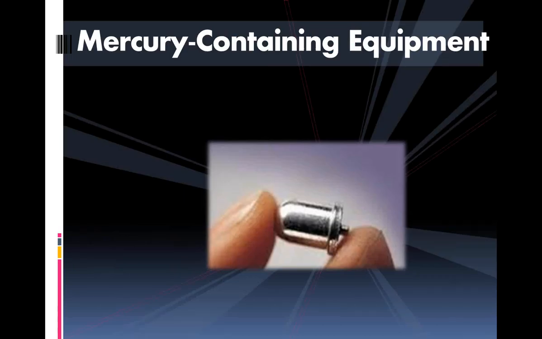So mercury-containing equipment, before we really get into the universal waste information, we're just going to talk for a little bit about why mercury-containing equipment is hazardous and why it is a universal waste. Well, the reason for this is that when it's landfilled or put in the garbage, it can break, and then the mercury vapors can end up being breathed in.